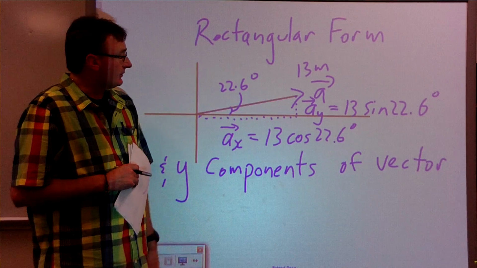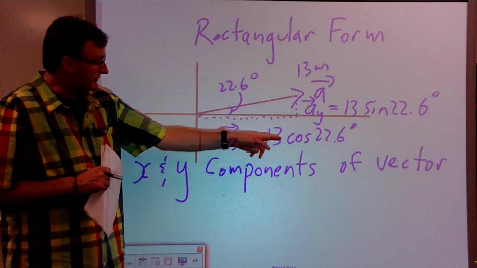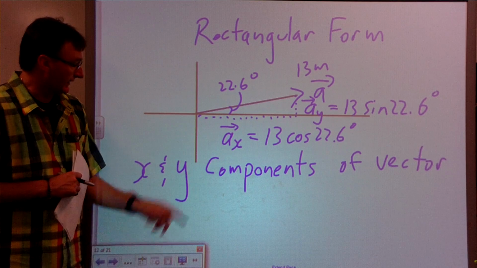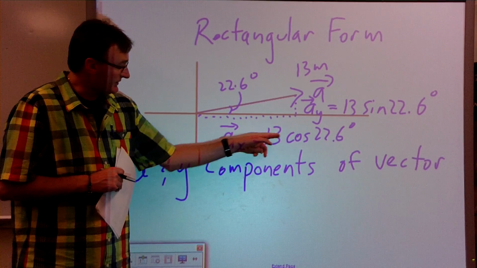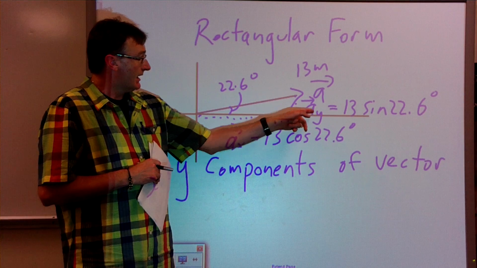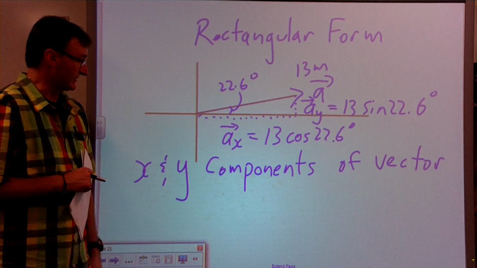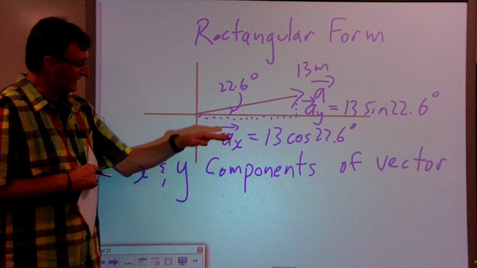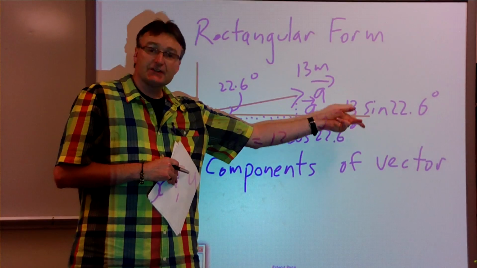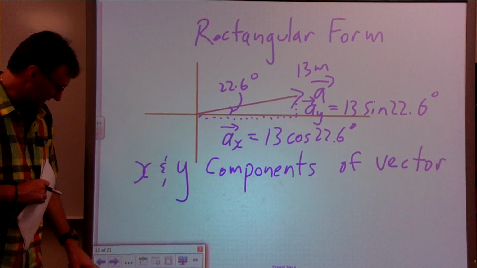This vector being 13 meters in magnitude, its x component would be 13 cos 22.6 degrees, and the y component would be 13 sine 22.6 degrees. Your angle is 22.6, the x component is 13 cos 22.6, and the y component is 13 sine 22.6.